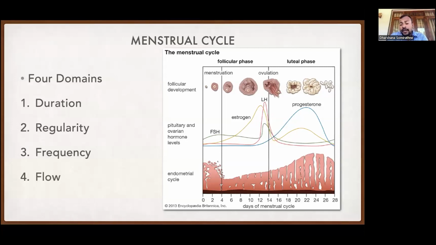As you all know, from when we were in second MBBS, and even at the advanced level, we studied the menstrual cycle. It starts with the hypothalamic pituitary ovarian axis, and then changes happen in the ovary, and then changes inside the endometrium.